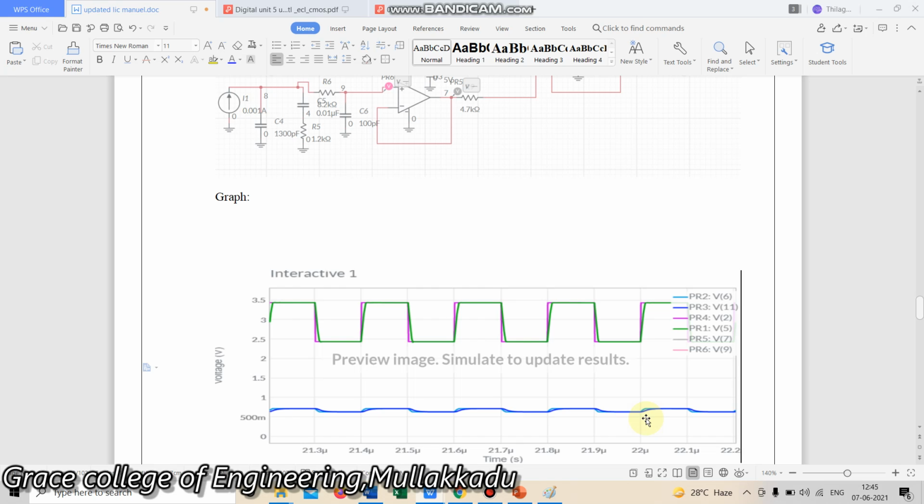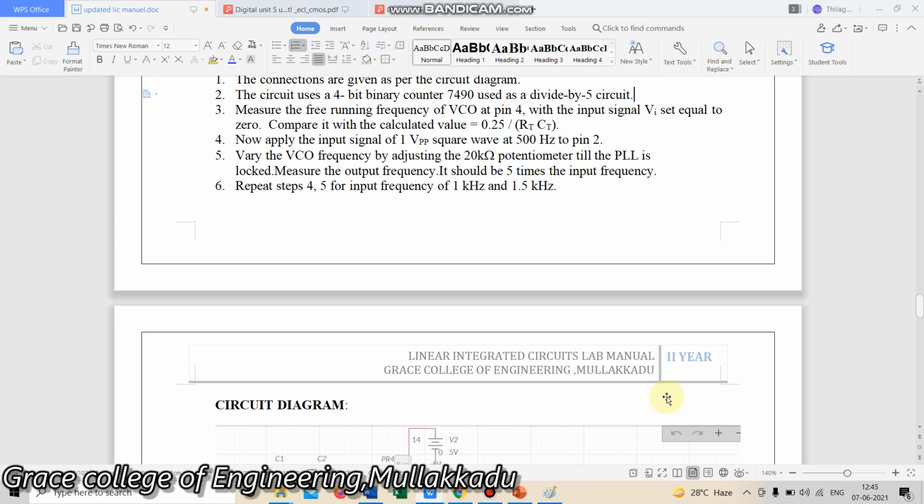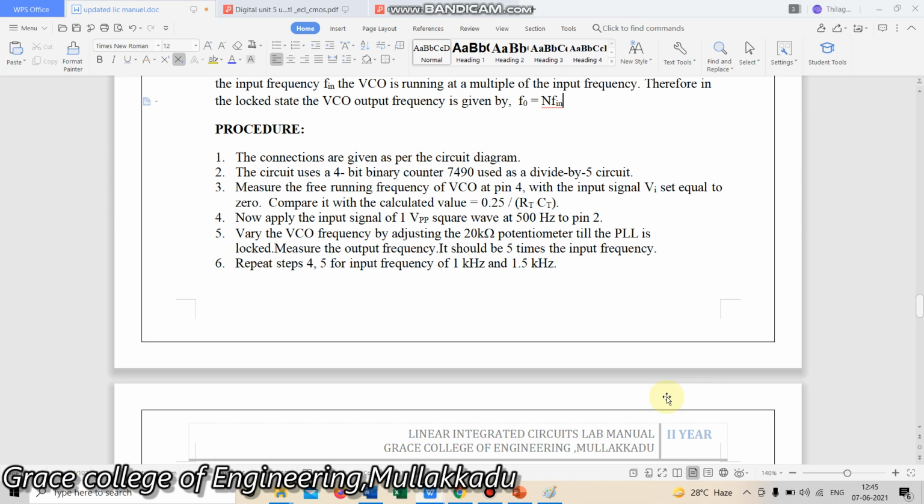For different input frequencies, the frequency is locked at a particular range whose value is given by the above equation, F0 equal to N into Fi. In the lock state, the VCO output frequency is given as F0 equal to N into Fi. The VCO is running at a multiple of the input frequency, and at a particular frequency it gets locked, and in the lock state the VCO output frequency is defined as F0 equal to N into Fi.